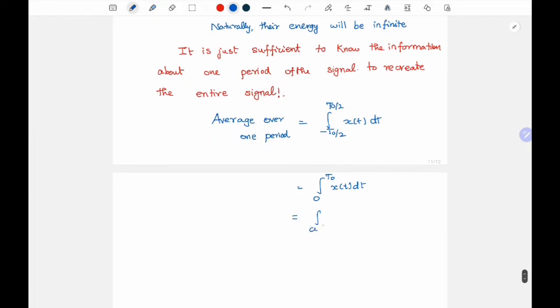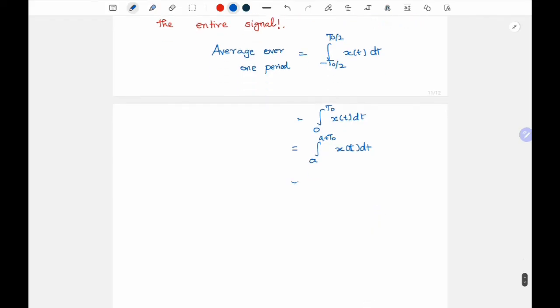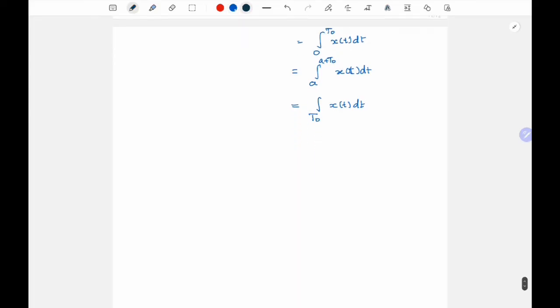So I can start from anywhere, a to a plus t0 x of t dt. So anything, anywhere I start, if I have one full period information, then I can find the average. So it is equivalently, I can write it as integral over T naught x of t dt, just as a subscript. So on the other hand, what we have is the aperiodic signal.